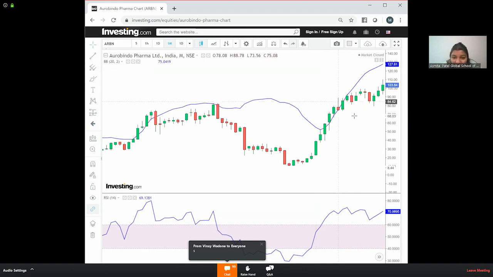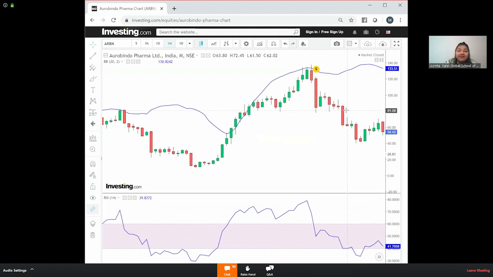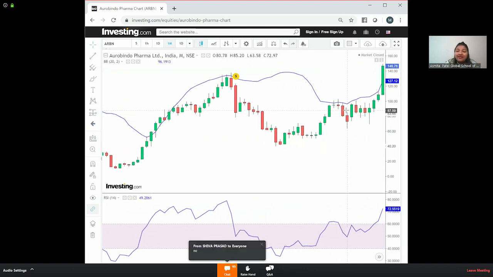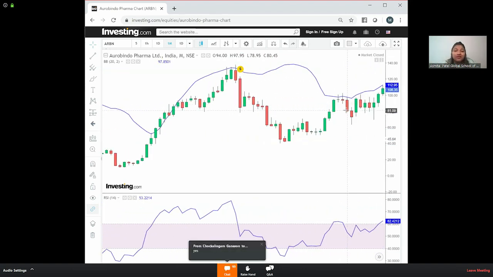Now, why did I introduce this? How will this move everyone? 38 rupees to 300 in a year's time, 1.5 years. Super? We are only interested in this move.